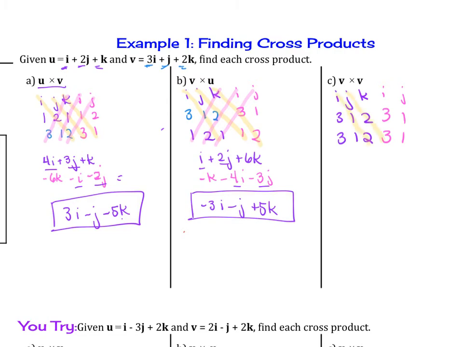Then we multiply here, and this is going to be 2i plus 6j plus 3k. Then we subtract: minus 2i minus 6j minus 3k. Notice in this case we get 0.